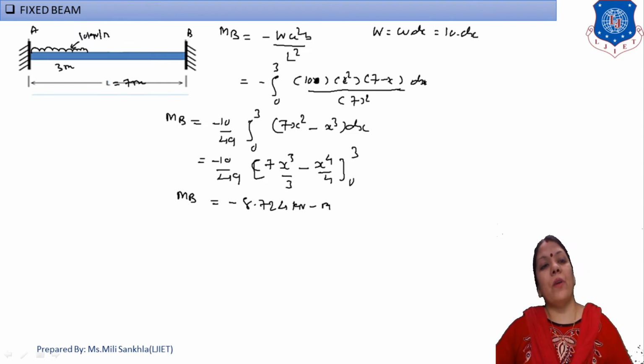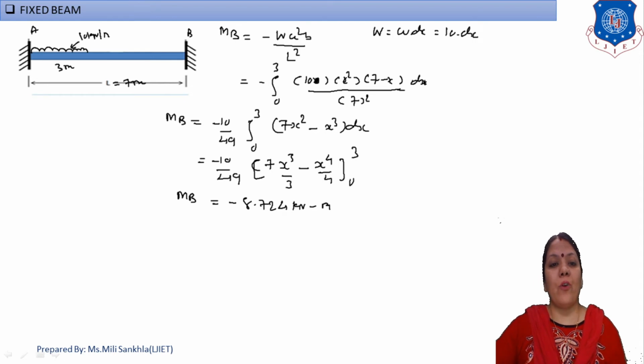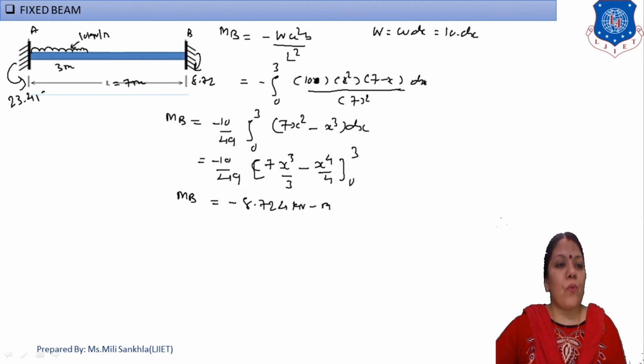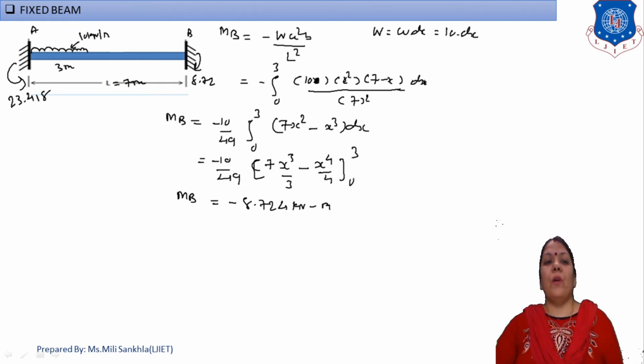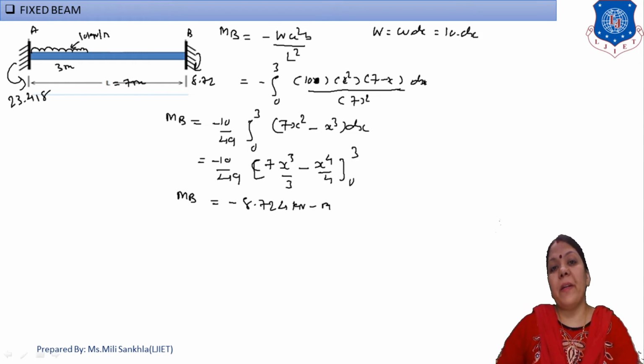Okay, now here I put the value of this moment at B. This moment at B is equal to, right hand side clockwise, minus mention is equal to 8.72, and here the value MA we get 23.418. Now we get two values, moment at A and moment at B.